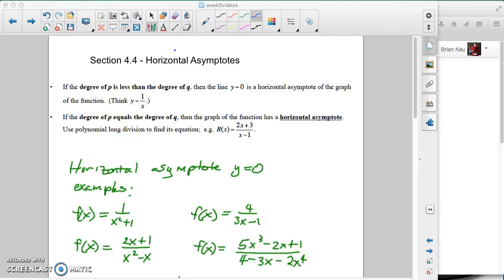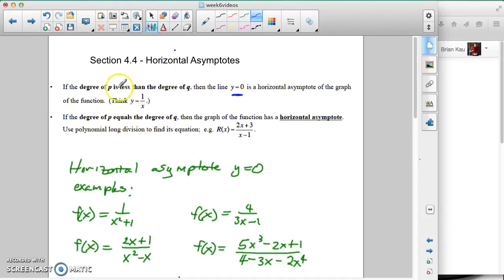So if you have a horizontal asymptote at y equals 0, then that just means that the degree of the p function is less than the degree of q.